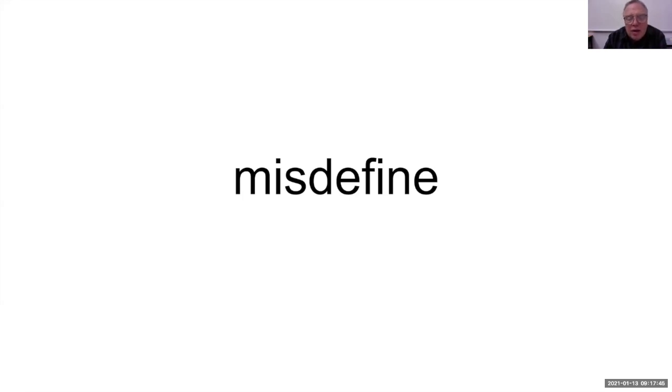Misdefine means to define wrongly, okay? To make a mistake in stating a definition or what a word means. Miss means to do something wrong or wrongly. It is to miss the mark. It is to make a mistake.